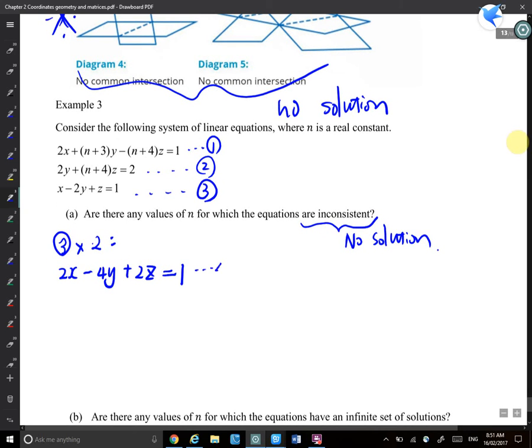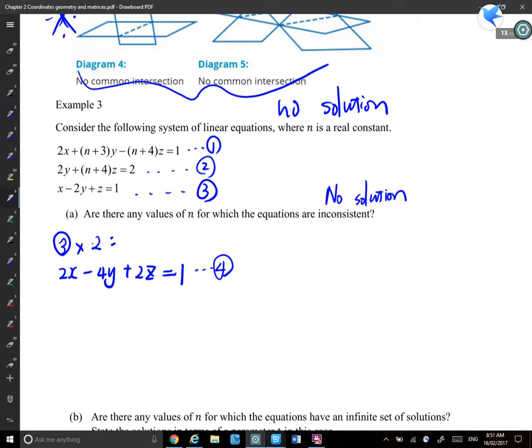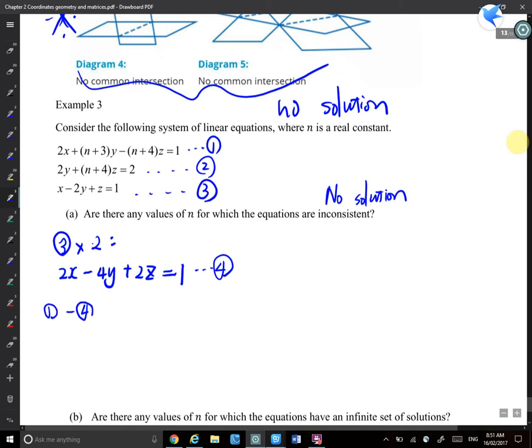Let's say that's equation number 4. Let's take equation number 1 and subtract equation number 4, because we have 2x and 2x. So we have (n plus 3y) subtract (minus 4y), and (minus n plus 4z) subtract 2z, equals 0.